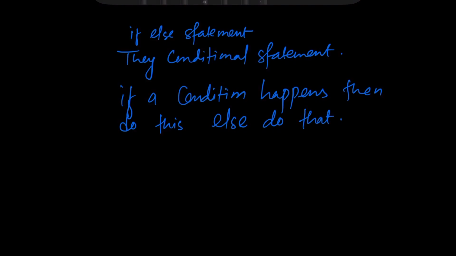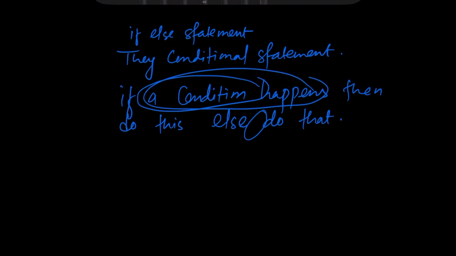Just like how we make decisions in our real life based on certain conditions, else is also a condition where the first condition is not met, then make a decision and perform a task based on that.